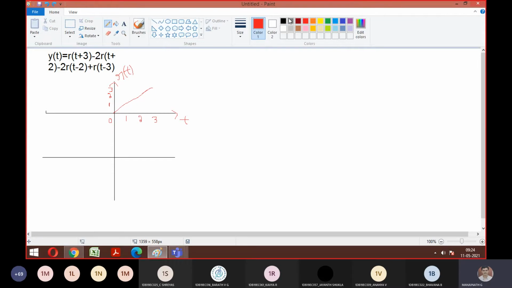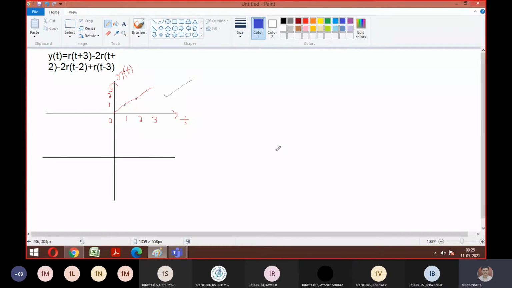Let me change the color. 1 to 1, 2 to 2, 3 to 3. This is how exactly your ramp signal works with respect to amplitude. Is this first point clear to everyone? Shall I move on? Everyone, is it okay?